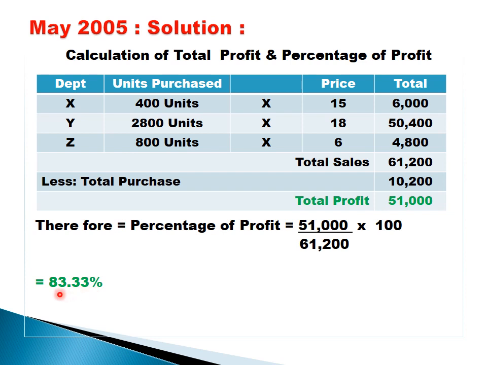This is the profit percentage of department X, department Y and department Z, because the gross profit percentage remains the same as mentioned in the question. Next, find the profit of each department.